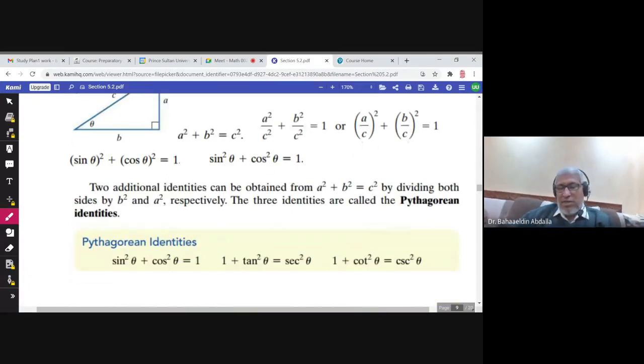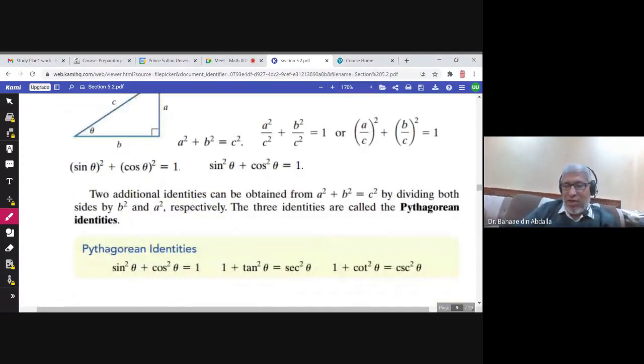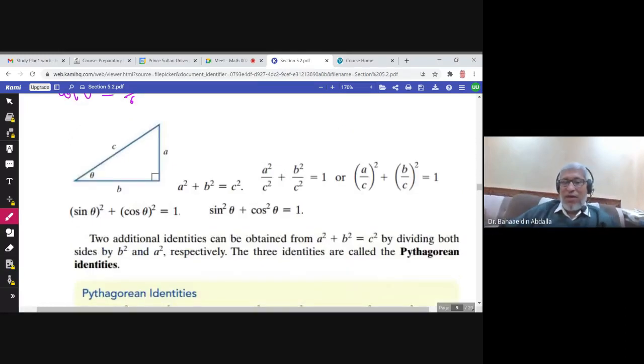We call them Pythagorean identities. Why do we call them Pythagorean identities? Because they come from the Pythagorean theorem. We know in the Pythagorean theorem that in a right triangle, a square plus b square equals c square. Now, if you divide this equation by c square, you will have a square over c square plus b square over c square equals c square over c square, which is 1.